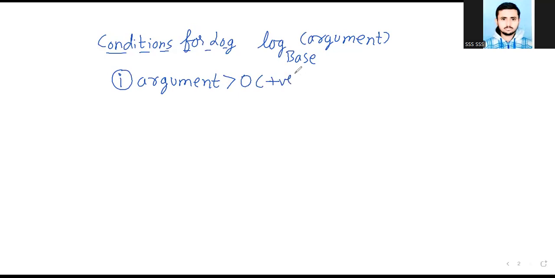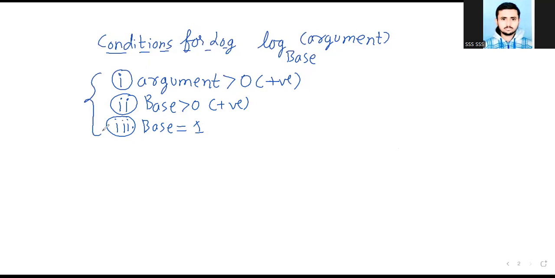All numbers which are greater than 0 are positive. The second condition is that the base also needs to be positive, so base should be greater than 0. And the third condition is that the base should not be equal to 1. So powers are defined for a lot of cases, but logarithm is only defined for cases in which all these 3 conditions are satisfied.